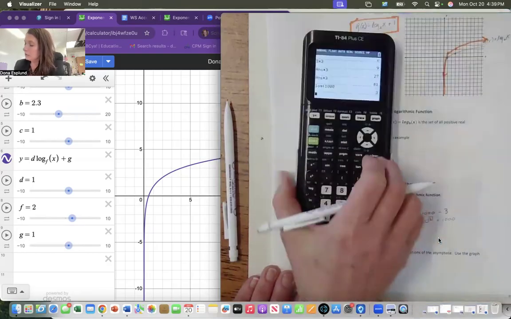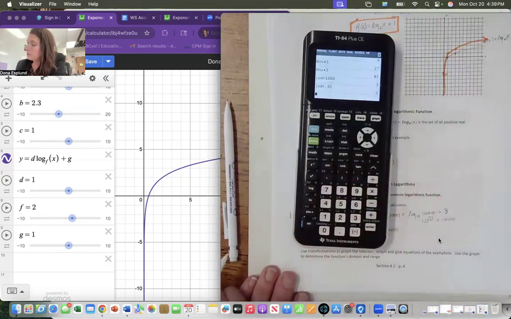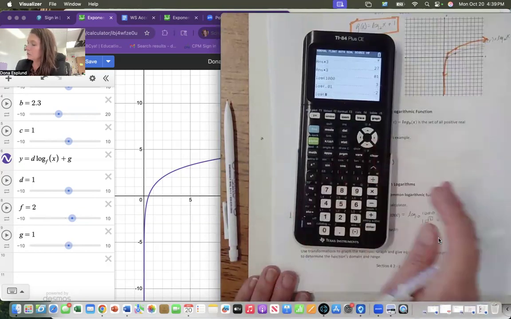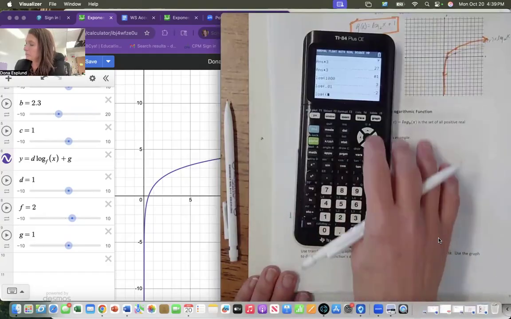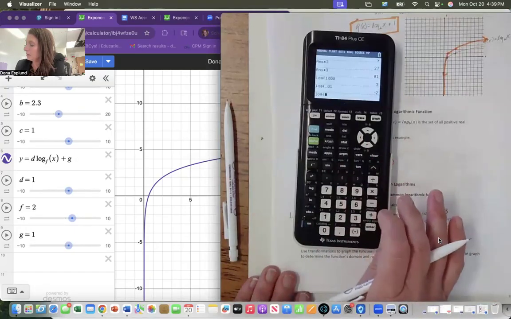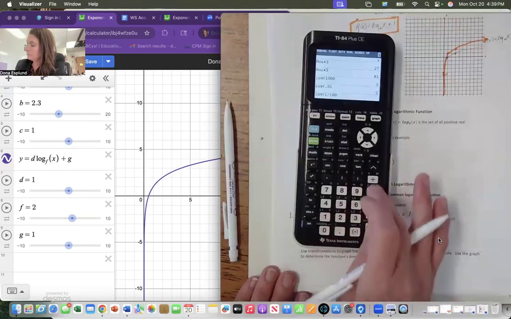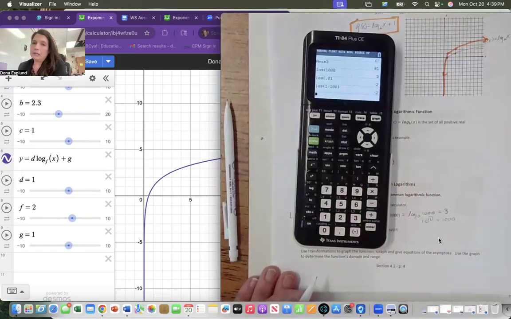And again, you can still do that on your calculator with a common log. So 0.01 is going to give you -2. You could also go, again, log of, clear, I went ahead to my parentheses, log of, and then I'm going to go 1 divided by 100. And that's still going to give me -2.